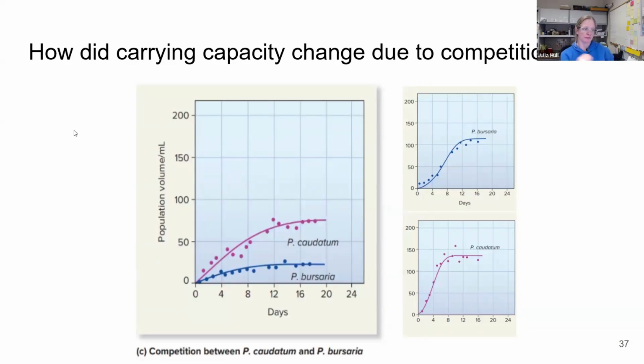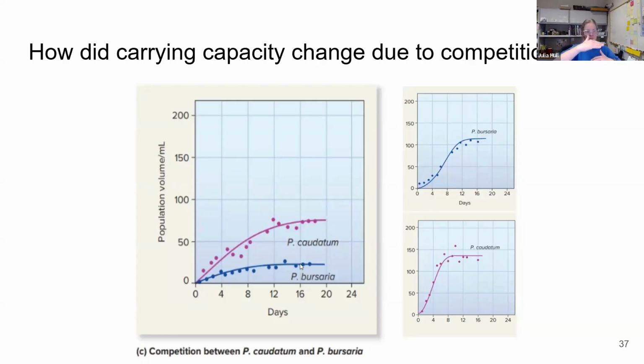Now, when Gause grew these two species together in the same flask, we can see that the purple carrying capacity when grown with the blue species dropped from about 150 down to about 75. The blue species also saw a lowered carrying capacity from about 125 to maybe about 20.